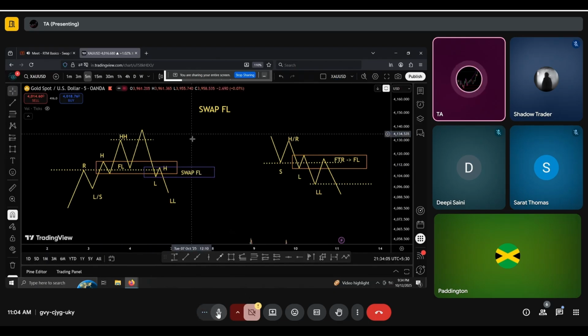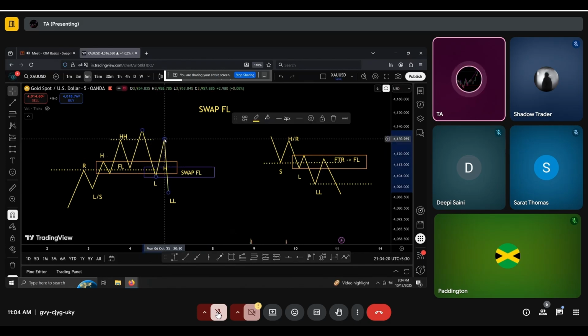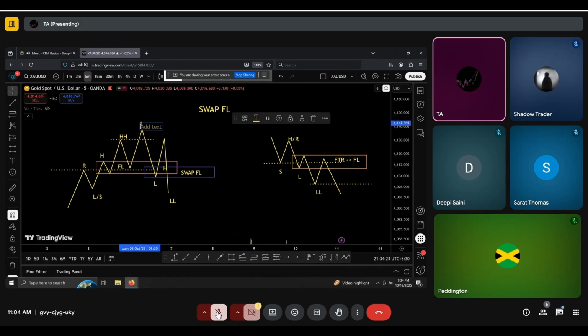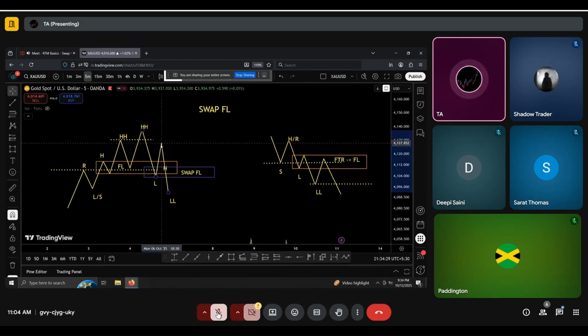And this SwapFL can be this pullback: the price came back, breaks this FL, goes a bit up, came down, this is the swap FL. This can also go up till here, but it should not cross this higher high. This higher high was formed here. Price pulls back till here, and comes back again and breaks this low.